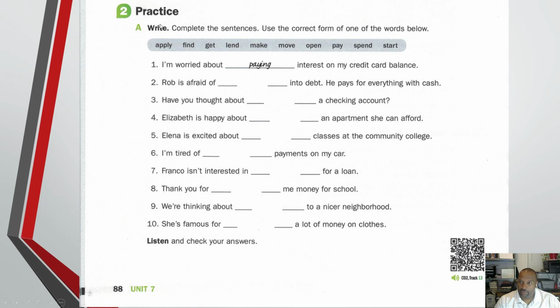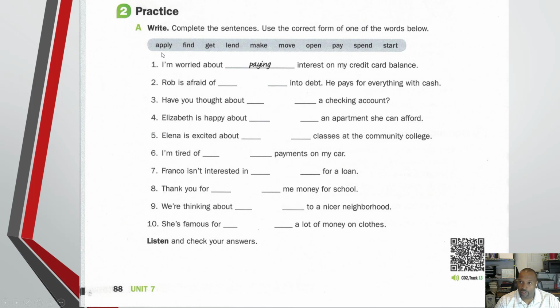Page 88. 2. Practice. Complete the sentences. Use the correct form of one of the words below. So let's talk about these words in this gray oval here.